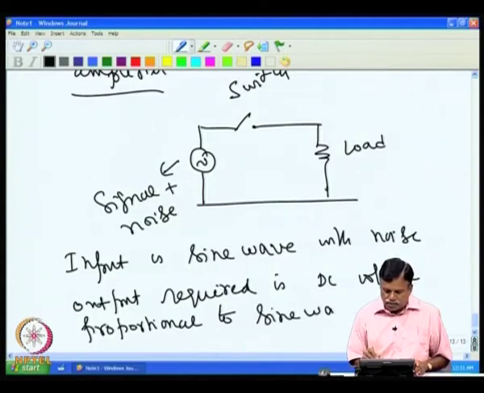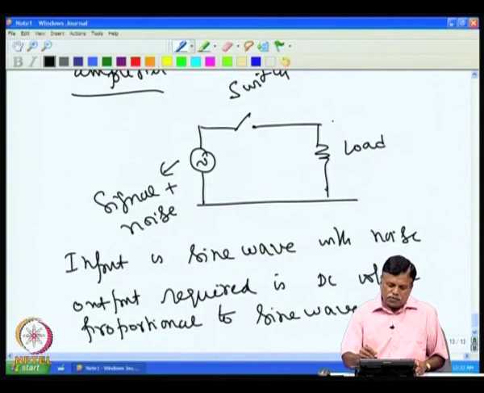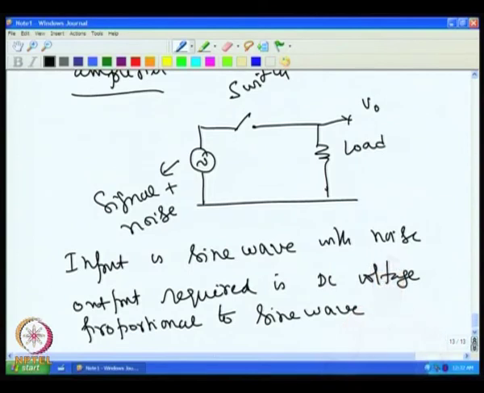We are not looking for the exact sine wave to be reproduced at the output. We want here the DC voltage proportional to the sine wave, but it should not depend on the noise. Even if there is noise, this output voltage will not have any component due to the noise. That is what we are looking for.